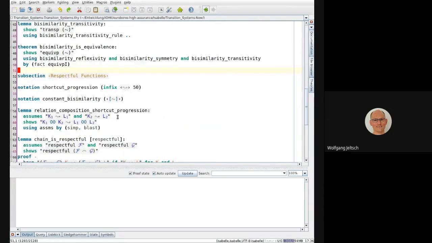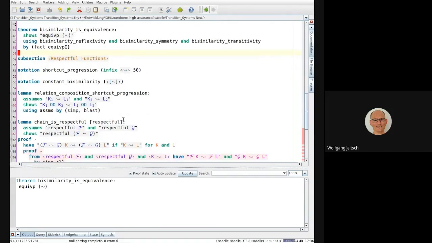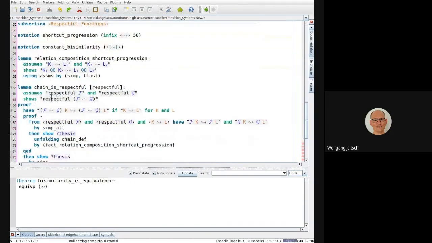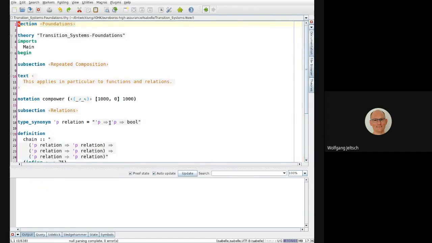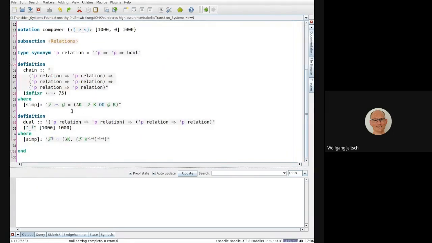But now we get something more. We get that chaining preserves respectfulness. So if f and g are respectful, then also the chaining of f and g is respectful. And what was that? Chaining was just the point-wise application of relation composition.